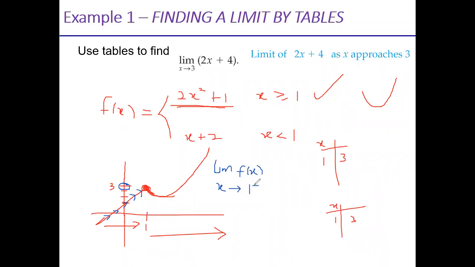Okay, take note, this negative is not -1. It means x is approaching 1 from the left hand. Okay, that is how it is written. Then, as we can see, the value there is equal to 3. When we are approaching from the left hand, the limit, the behavior is equal to 3.